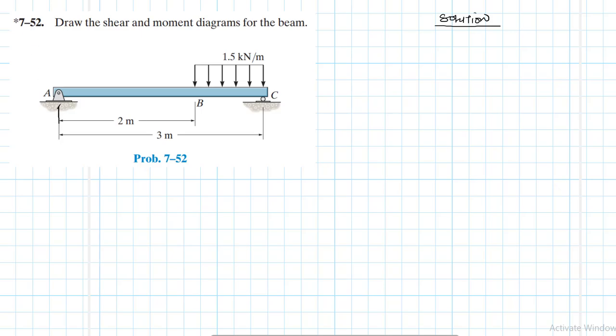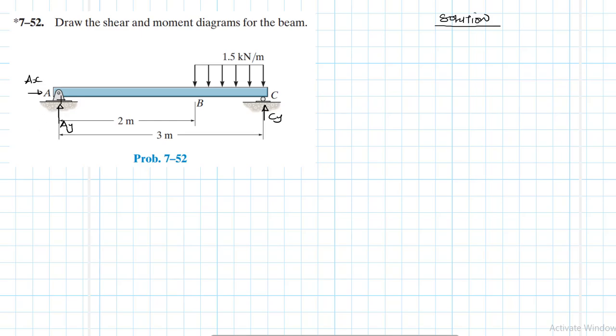At the hinge A, we expect Ay and Ax like so. In the roller C, we expect Cy. For this particular case, we have two spans that we are going to section.